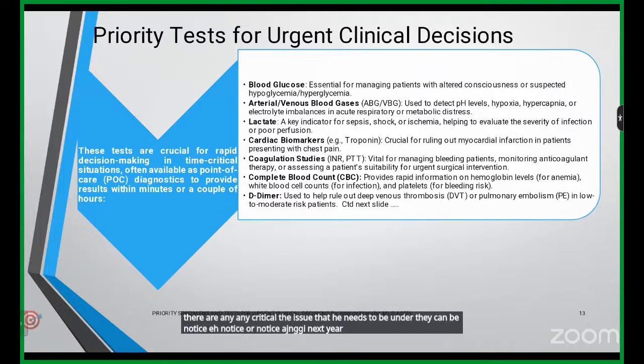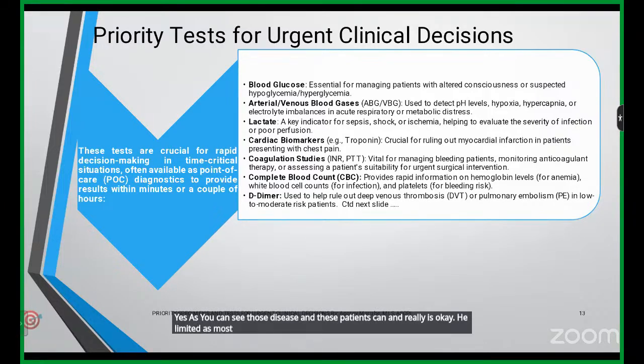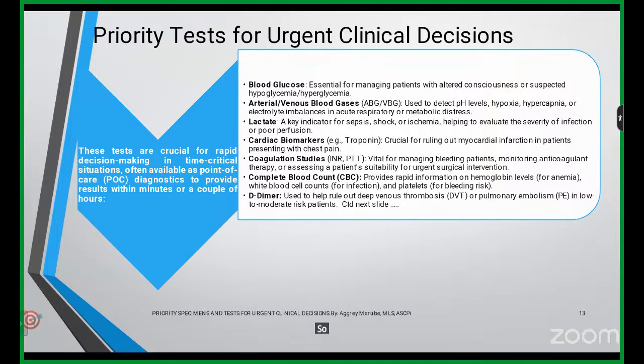Lactate is a key indicator of sepsis, shock, or ischemia, helping to evaluate the severity of infection or poor perfusion. Yes, as you can see, these patients can really need utmost care. So urgency is needed for testing, especially if samples are indicated.